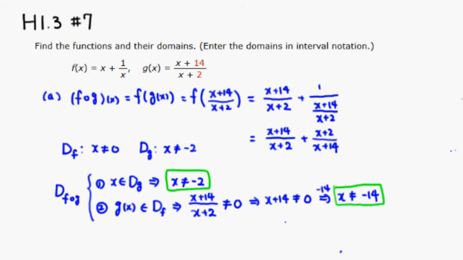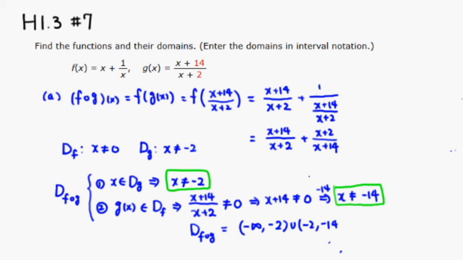So the domain of f of g goes from negative infinity, and we have to skip negative 2 and skip negative 14.